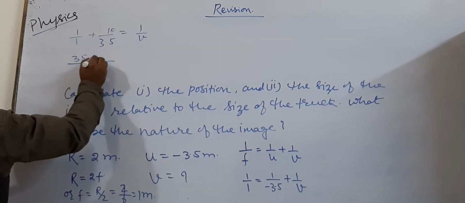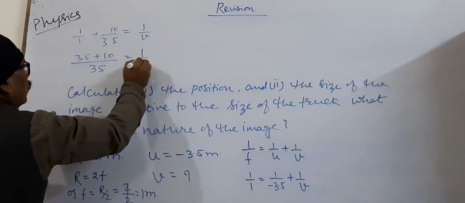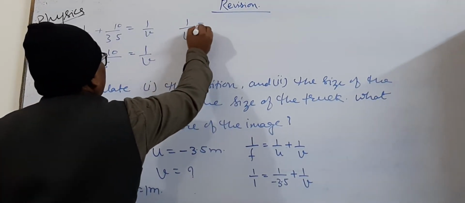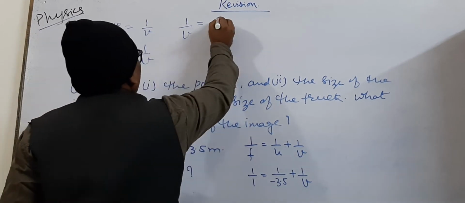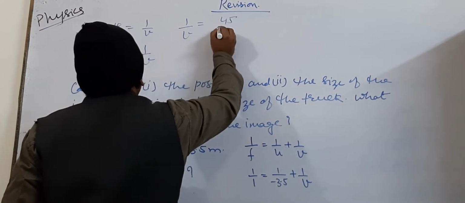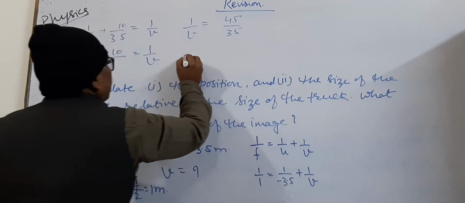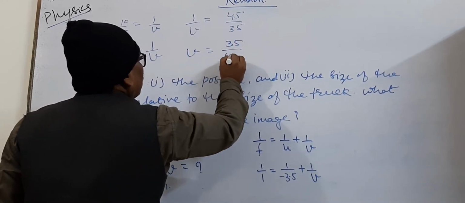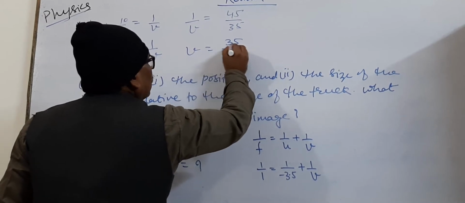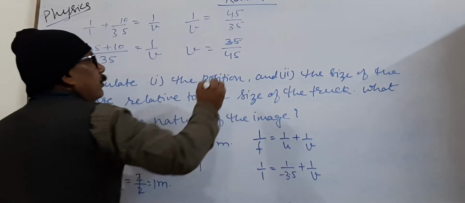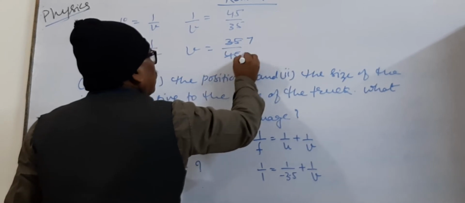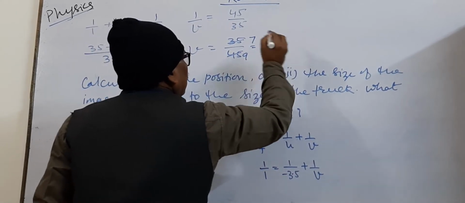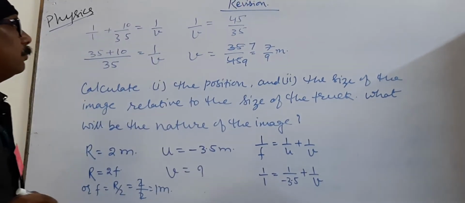Here 35 plus 10 is equal to 1 by V. Now 1 by V is equal to how much? 45 by 35. Means V is equal to 35 by 45. Cancel this: 5 sevens are 35, 5 nines are 45, that is 7 by 9 meter.